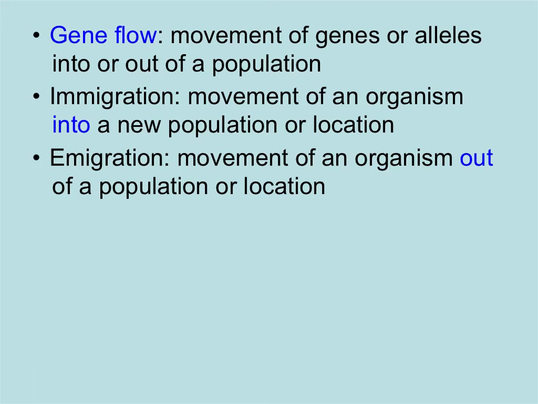So gene flow is the movement of genes or alleles in and out of the population. Two of the ways that happens are immigration and emigration. Immigration is going in, emigration is going out. So let's pretend that I'm going to move from Mississippi to Florida.